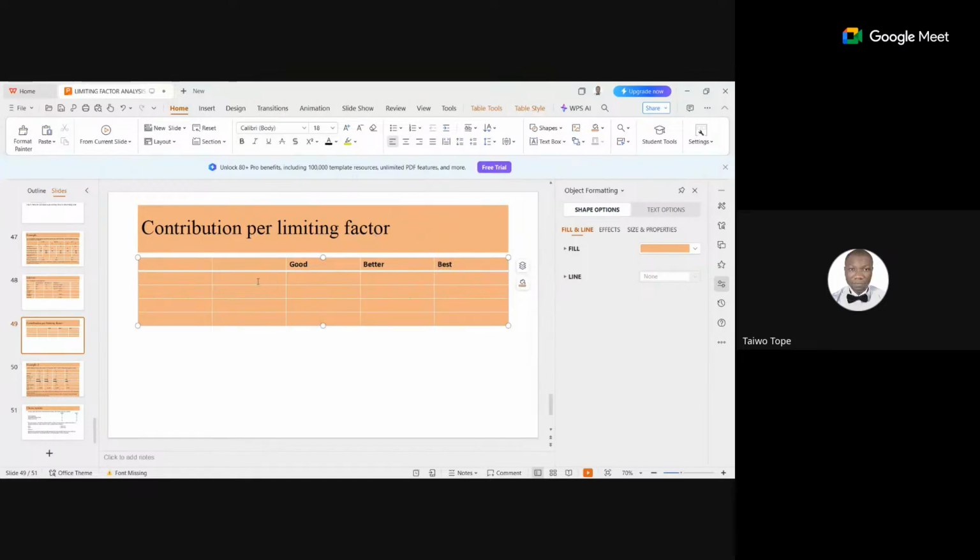Now, the contribution per unit for good is what? 15 naira.